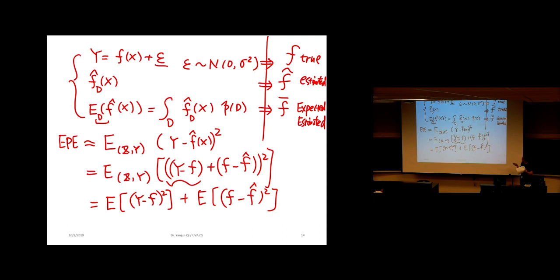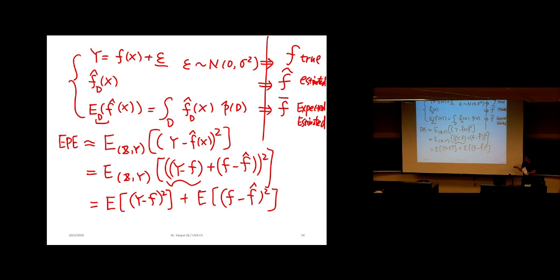So still, this is what we care about: observed y versus the estimated f of x, and take the quadratic. This is always what we care about, right? In the regression case, it's the squared error. And then we just do a change of notation by adding that true f model there. Then this decomposes into the observed y versus true f, and then the true f versus the estimated f.